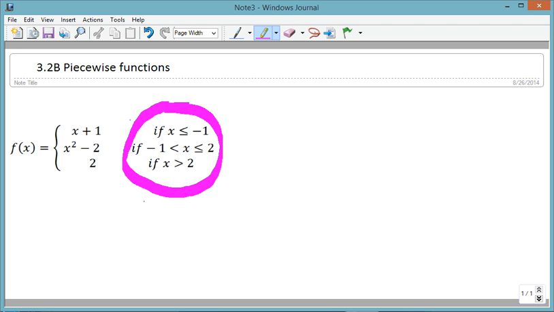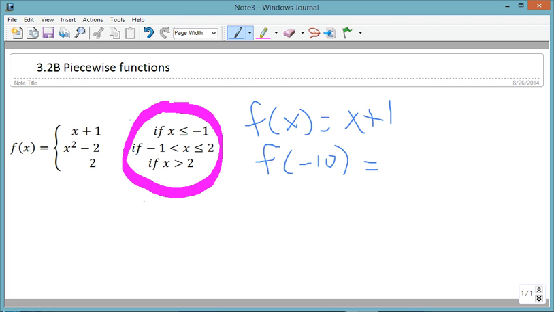So you can really look at these as separate. You can say, well, f of x equals x plus 1, but I'm only going to do that if x is less than -1. So for f of -10, I would get -9.